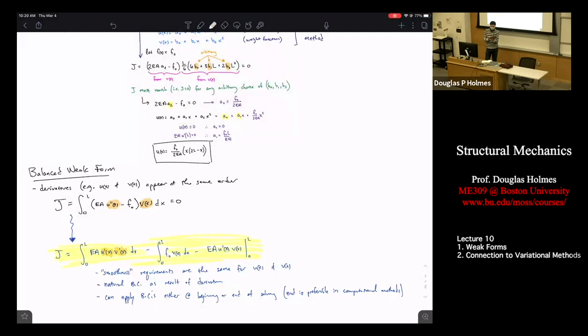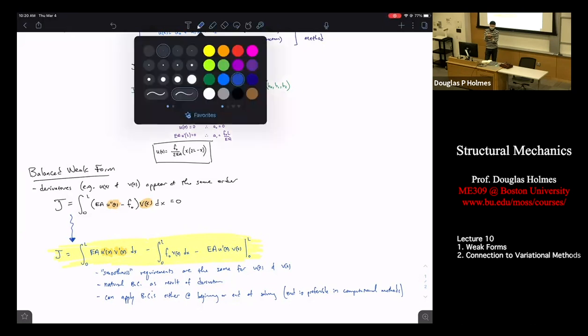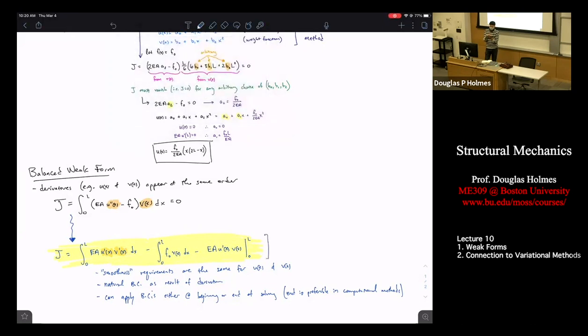And we would refer to this thing that I'm highlighting in yellow here as our balanced weak form. And this is what your computer's solving.